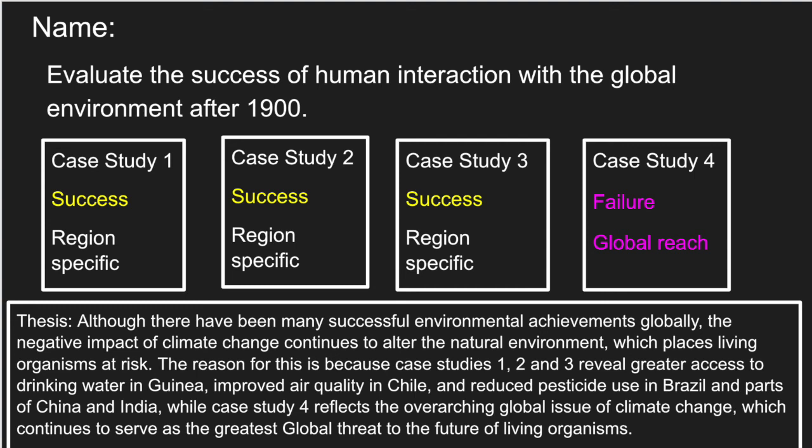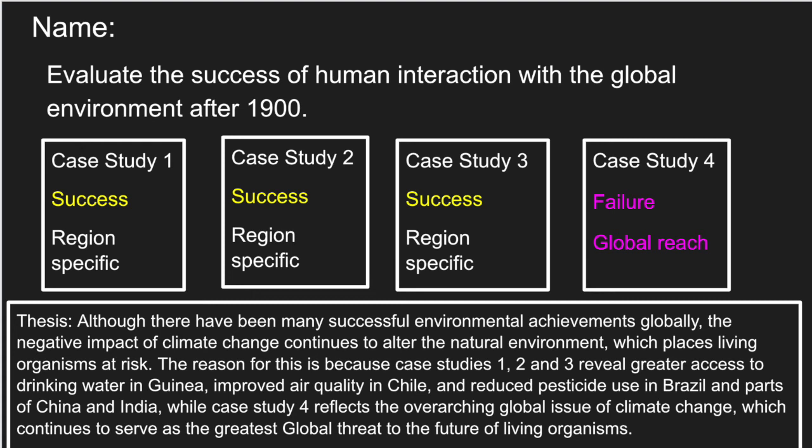Although there have been many successful environmental achievements globally, the negative impact of climate change continues to alter the natural environment, which places living organisms at risk. The reason for this is because 1, 2, and 3 reveal greater access to drinking water in Guinea. Now I'm naming specific places.